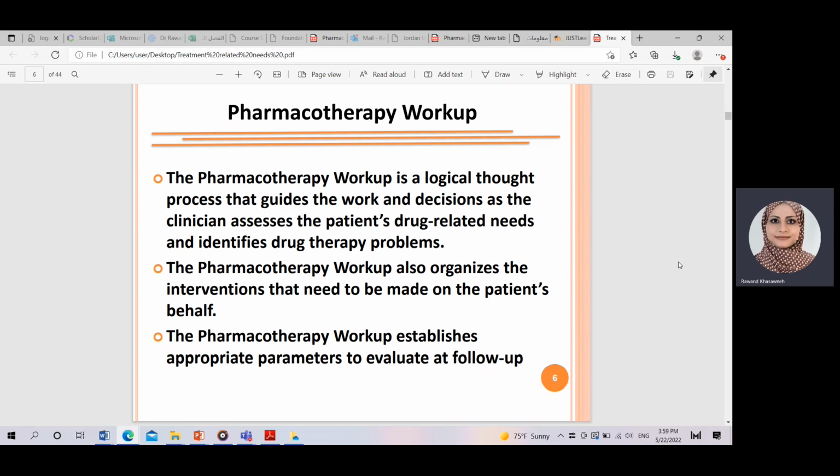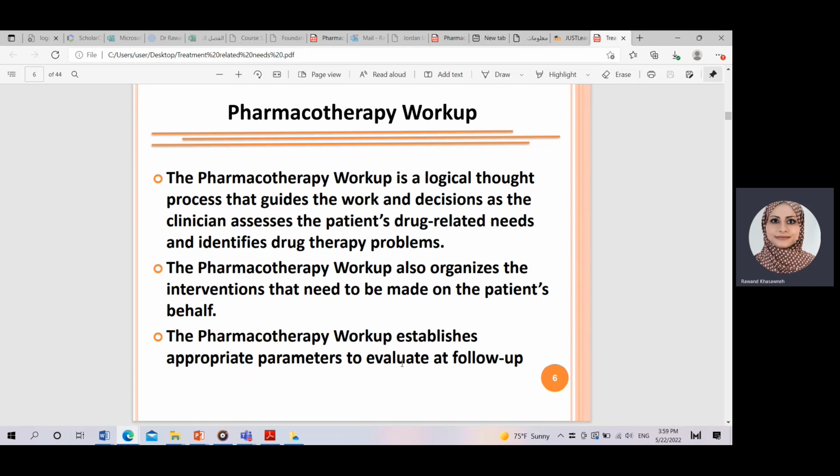So in this step, by following a pharmacotherapy workup, you can identify the DTPs. Besides, they can be prioritized, so the most important DTPs can be dealt with initially, and then the least important DTPs can be dealt with later on.